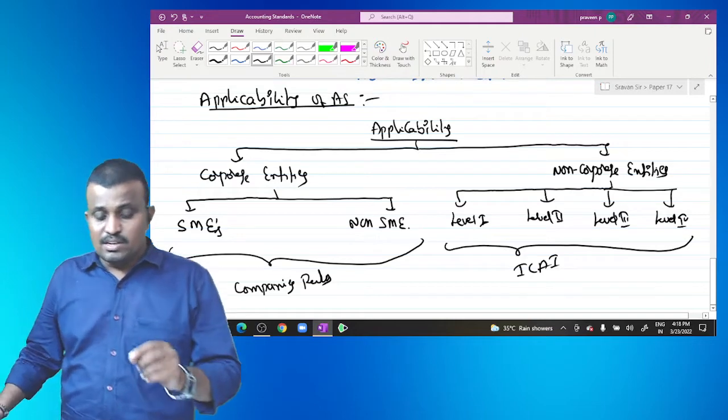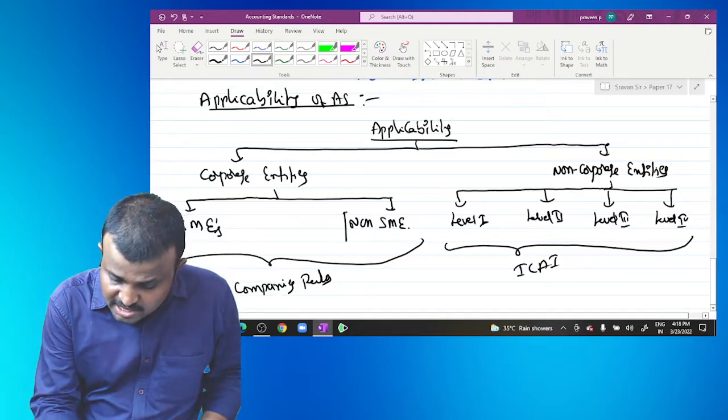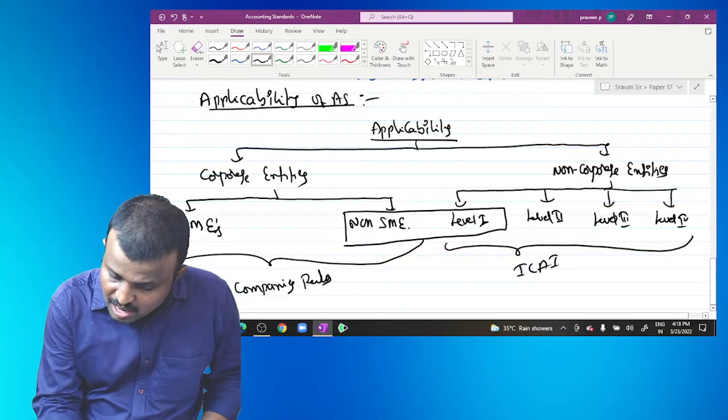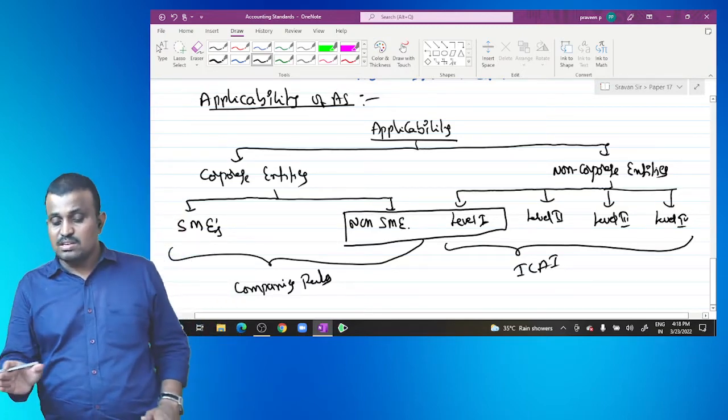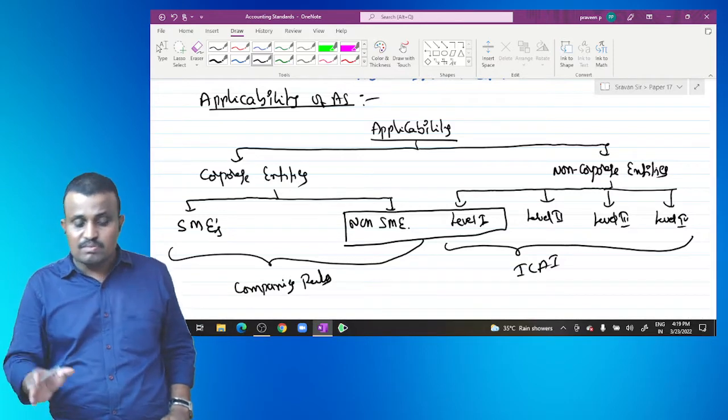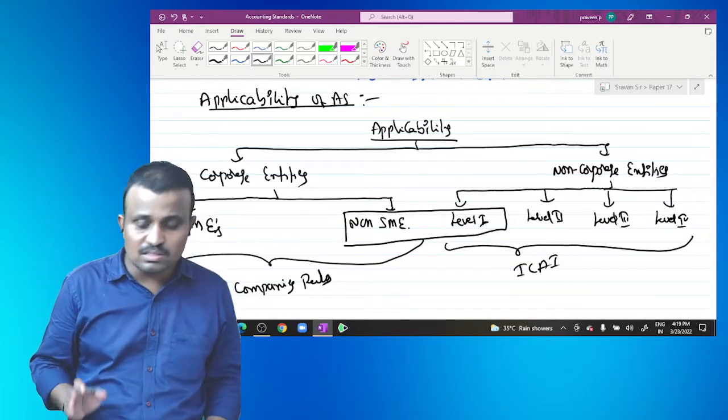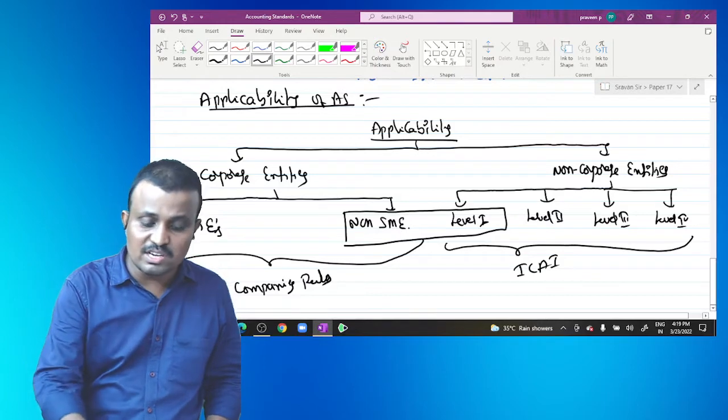So here, applicability as per non-SME and as per level 1 are both the same. The rest of the three, level 2, level 3, and level 4, relate to the SME.